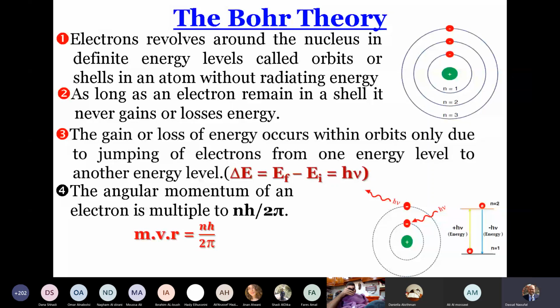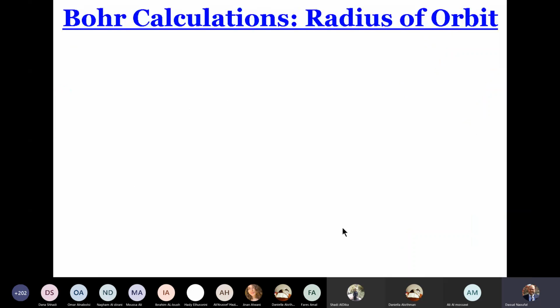N is the number of the orbit and h is the Planck constant. R is the radius of the orbit, or the distance between the electron and the nucleus. So now, how do we calculate the speed of the electron on an orbit, the distance of the electron from the nucleus, and the energy of the electron on an orbit?